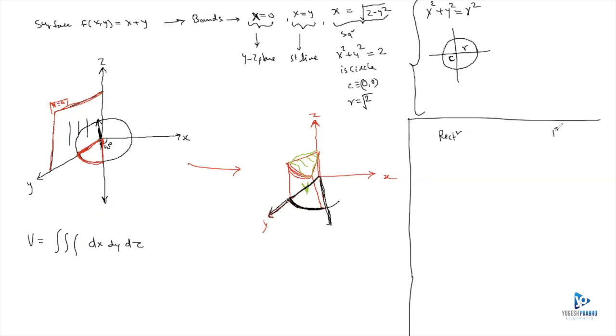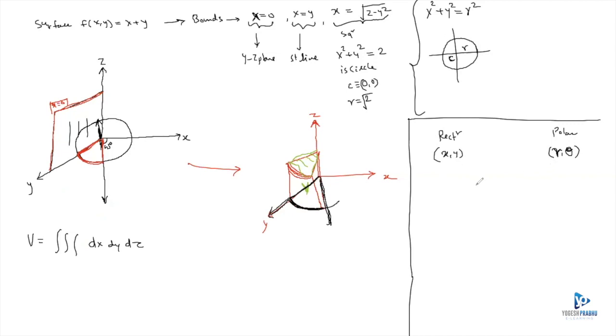Rectangular is when we talk in terms of x and y, and polar is when we talk in terms of r and theta. They never coexist. Either it is r theta, or it is xy. So what we're going to do here is convert our xy into r and theta.